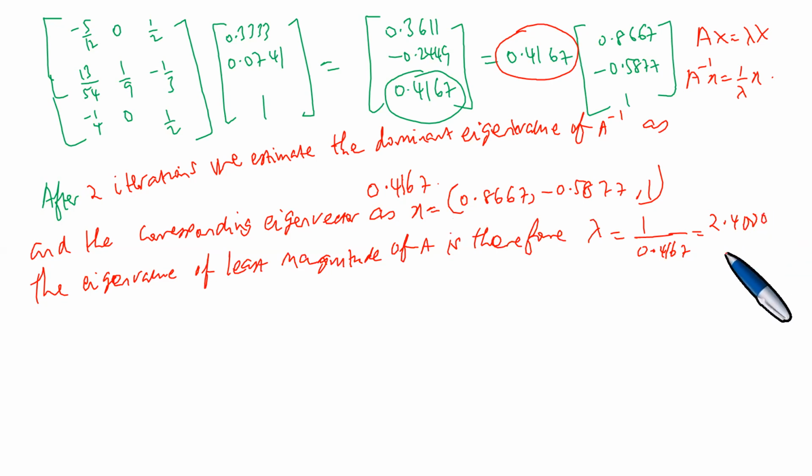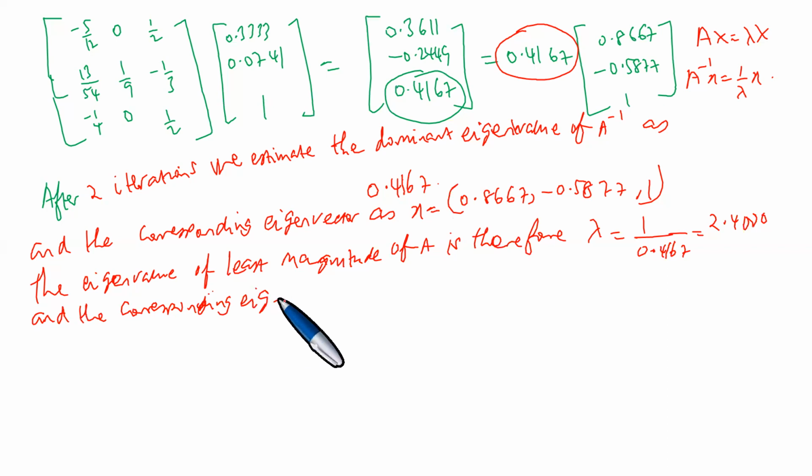It doesn't matter the number of zeros. And the corresponding eigenvector is given by the eigenvector above.